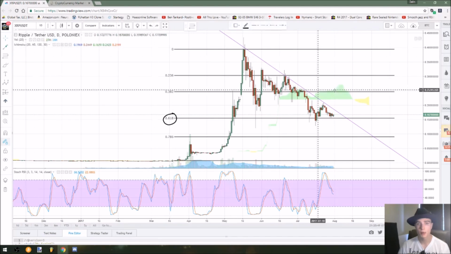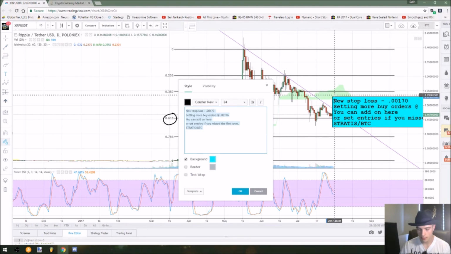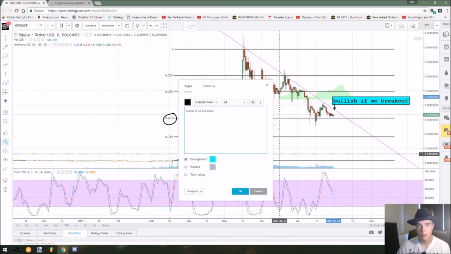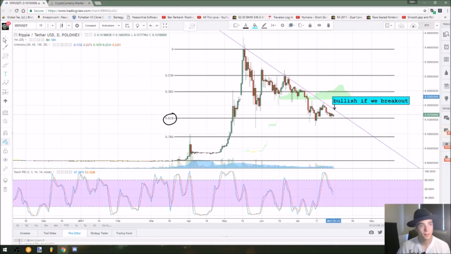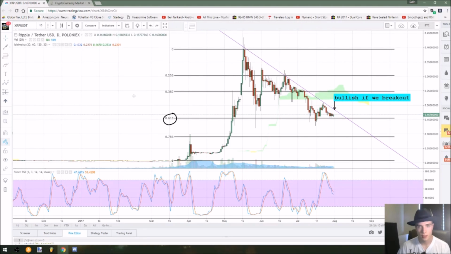So let's go ahead and make a little point here: bullish if we can break descending resistance. So I will write bullish if we break out, and bearish if we fall through support.